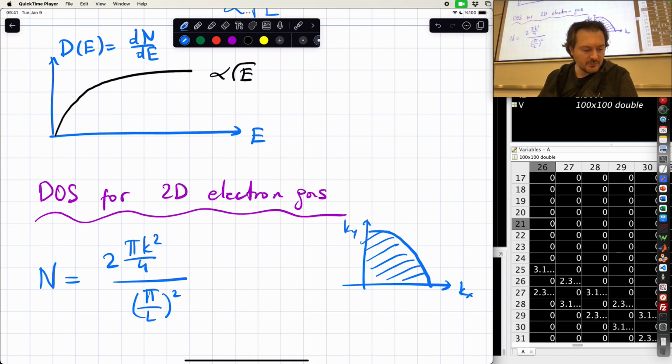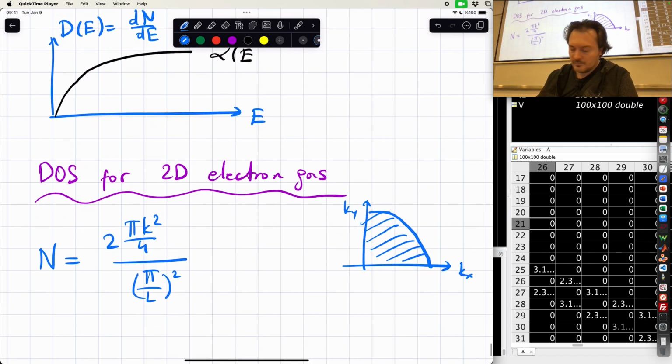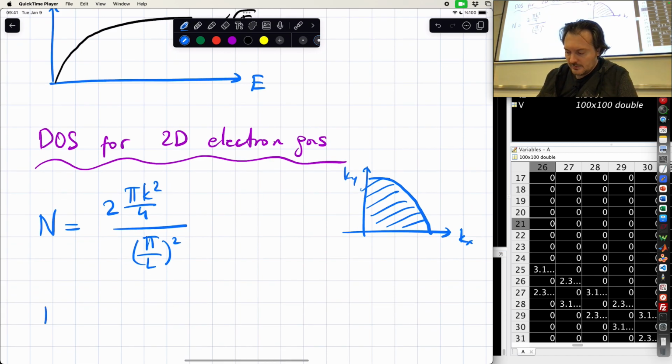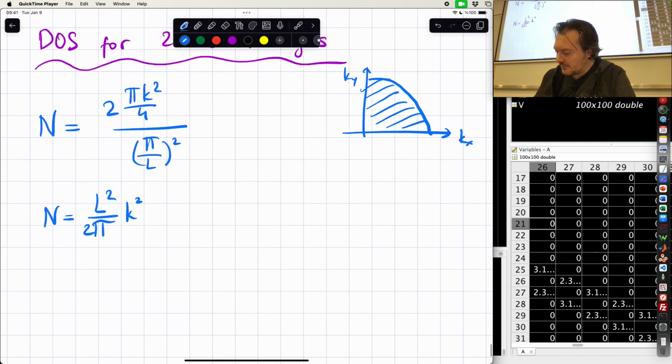This one is easier to interpret because, tell me? I think this is 2 pi. So the thing is that here is the easy way of doing it.